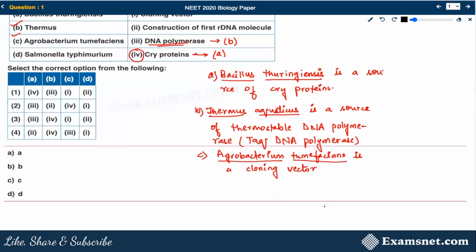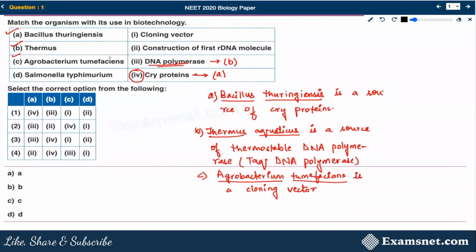And the last option is Salmonella typhimurium. It is the first bacterium whose recombinant DNA molecule was constructed.